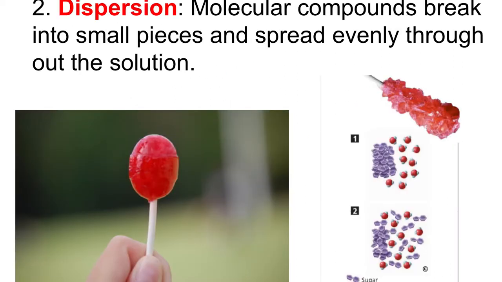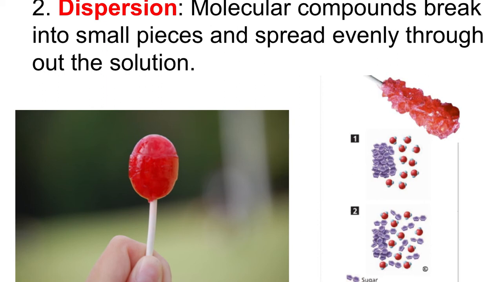The next type is called dispersion. Dispersion happens with molecular compounds, so these are only the nonmetal type of things. Molecular compounds break into smaller pieces and spread evenly throughout the solution. Think about when you're having a lollipop.